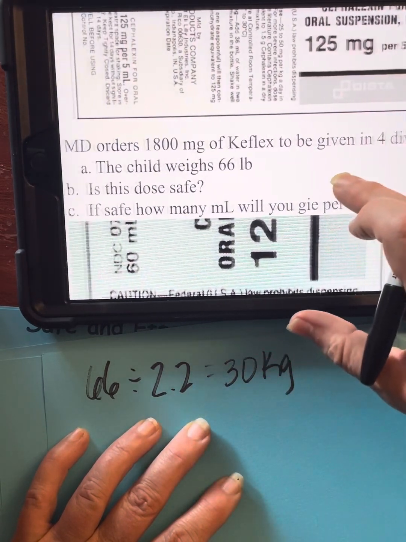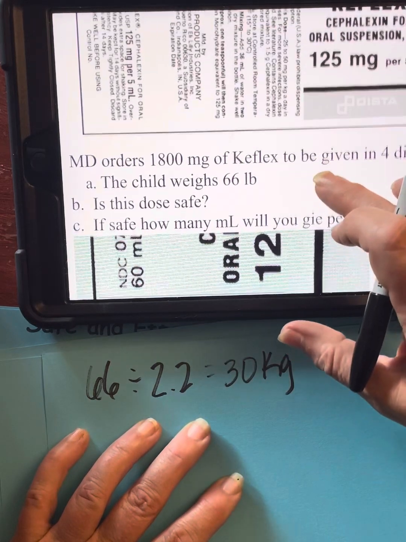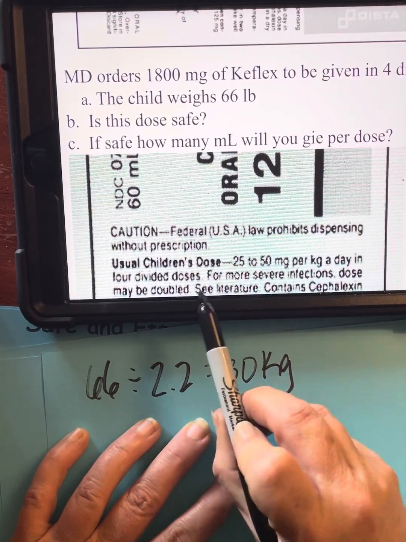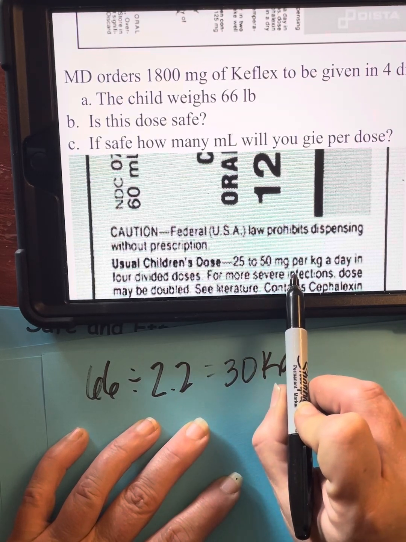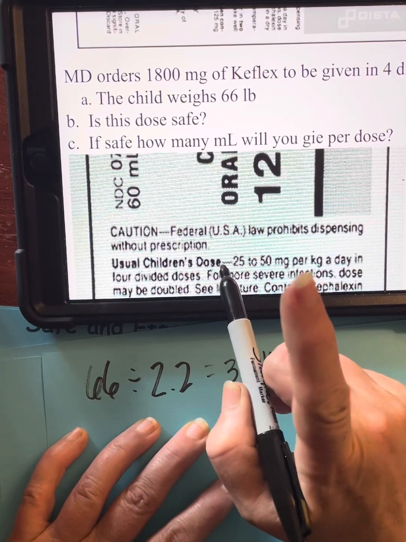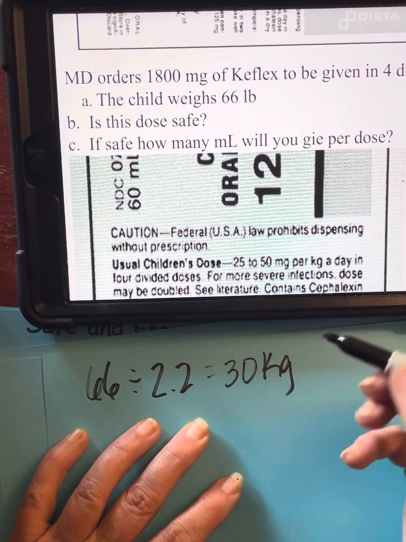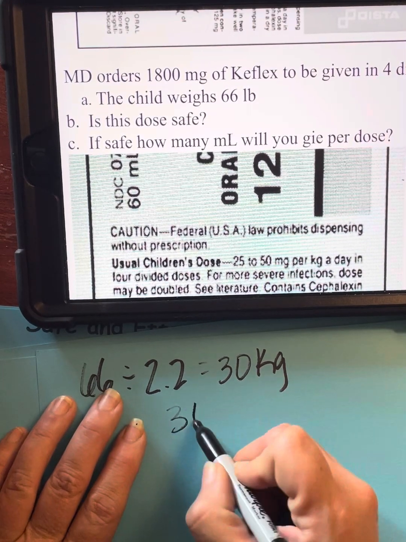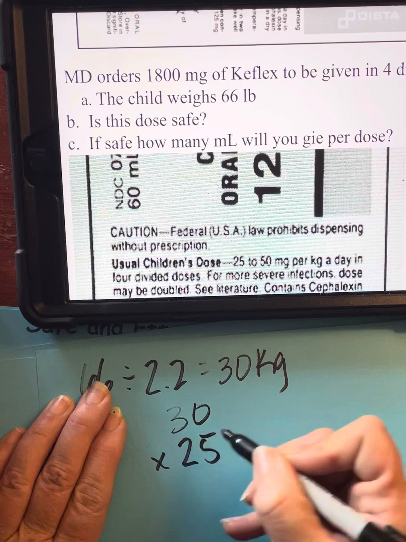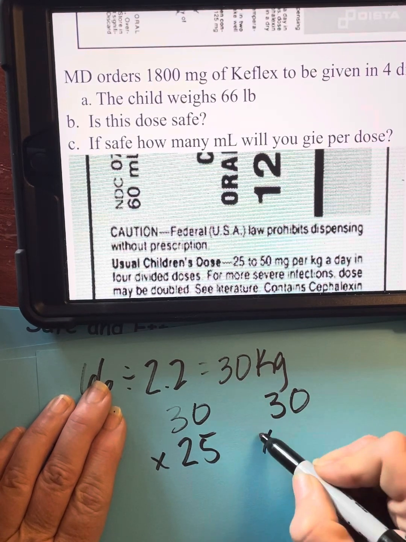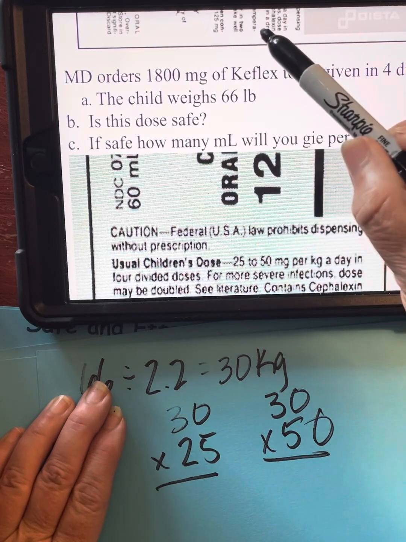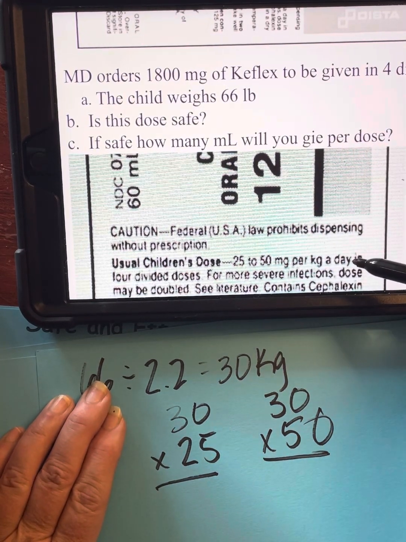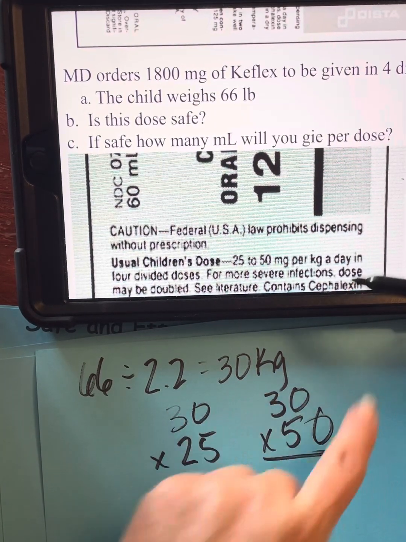Okay. So is this a safe dose? We need to read this because it says the safe dose is between 25 to 50 milligrams per 1 kilogram. We've got 30 of them. So we've got to multiply 30 times 25, 30 times 50. And what he ordered, and this is a per day thing, you see that?